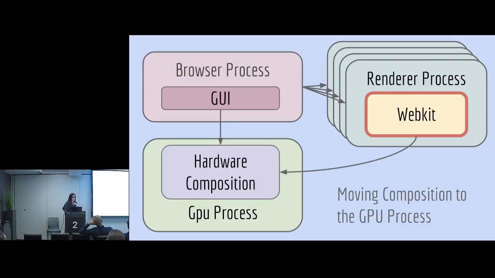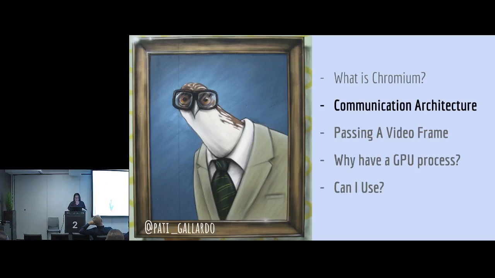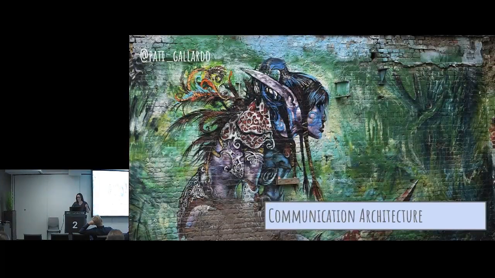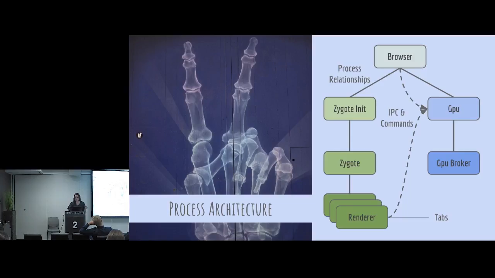Later, they moved over to a hardware composition architecture. And now you had to submit the layers to the hardware composition, which was placed in its own process, which is called the GPU process. Now, given that you have so many processes, you need some kind of communication, and you need a startup sequence to make all of these things. The startup sequence I'll look at a little bit more in the next talk, but you see the process relationships a little bit like this. So you have a browser process, which is the one you start, which could be Chrome, Opera, Vivaldi, Brave, whatever.